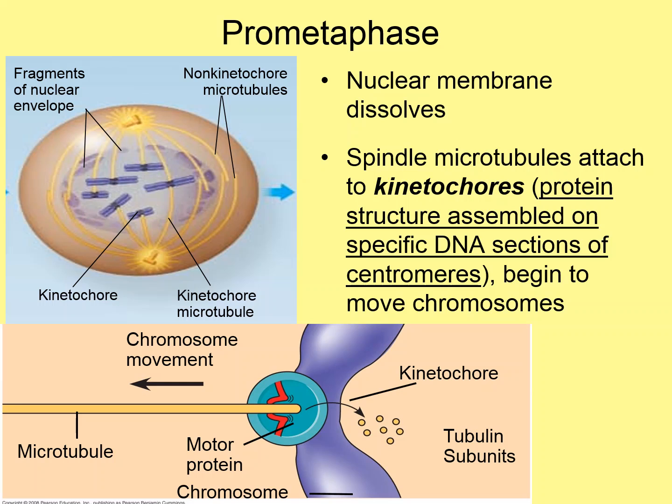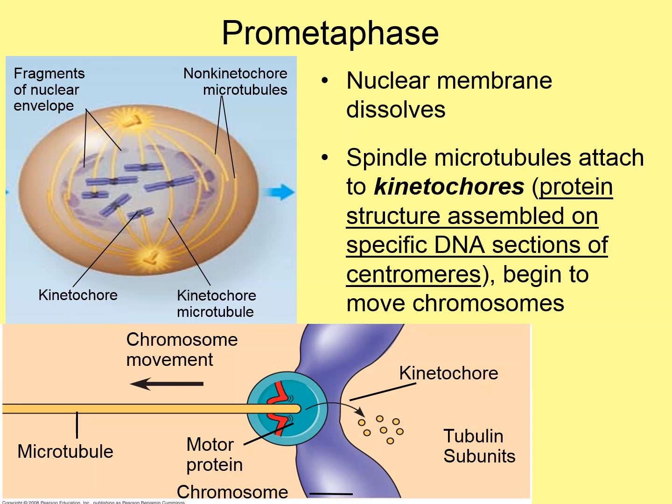Okay, so here you can actually see much more clearly now, right, we're in prometaphase. Our chromatin has condensed, and we can actually make out, if I can get my little pointer to work here, right here, I've got a pair of sister chromatids that form one chromosome.